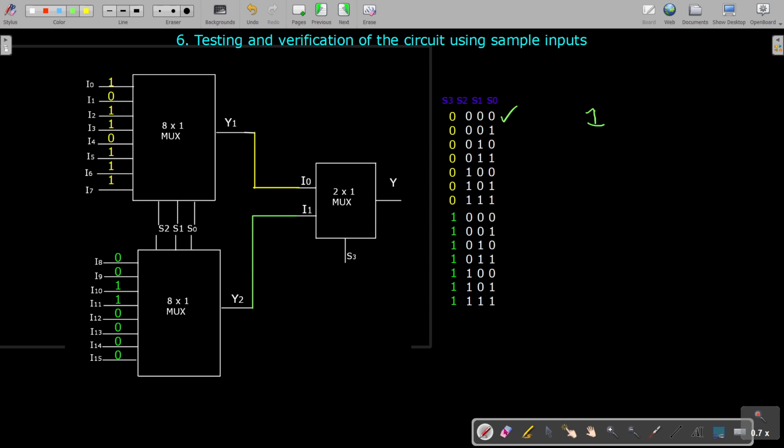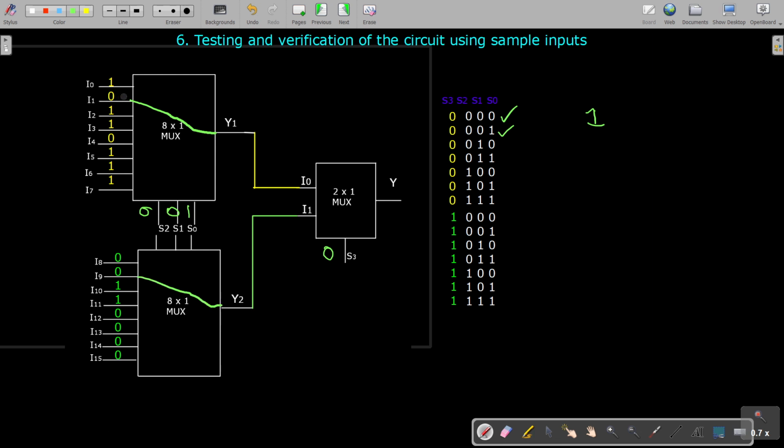For the first case, output is 1. Then we go for the second input, selection input 0001. So 001 here, and it is 0 here. So this first line will be connected, and this ninth line will be connected here.